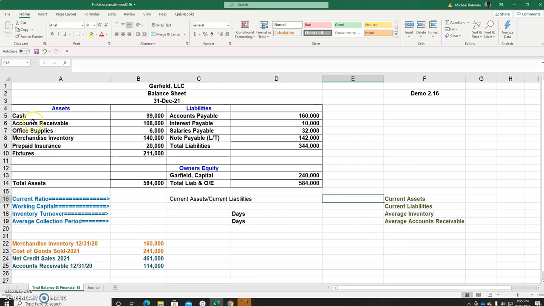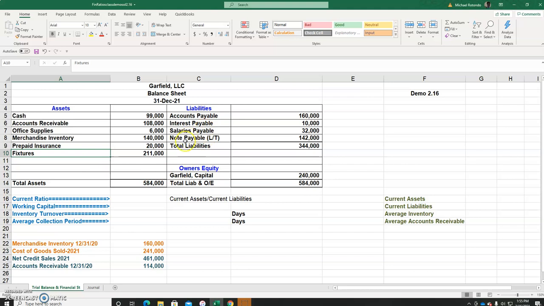Remember, a current asset is an asset that we expect to be turned over or used up within a year. So cash, accounts receivable, office supplies, merchandise inventory, and prepaid insurance are all expected to be turned over or used up within a year. Fixtures are a plant asset, like we talked about earlier, so fixtures would not be part of our current ratio calculation.